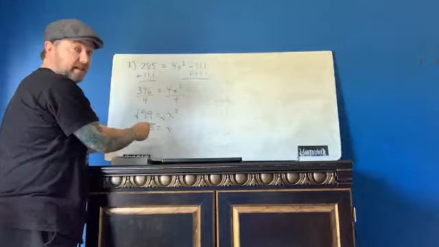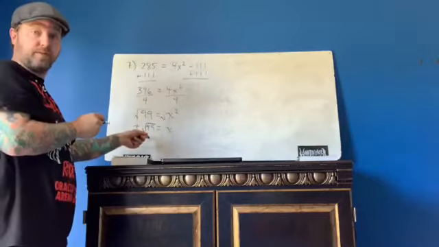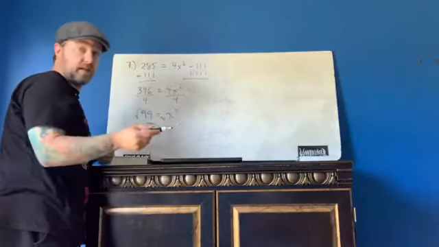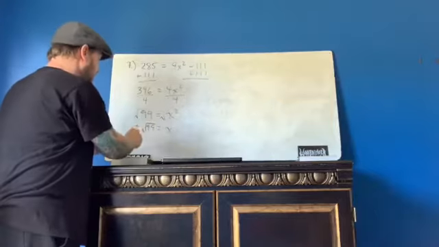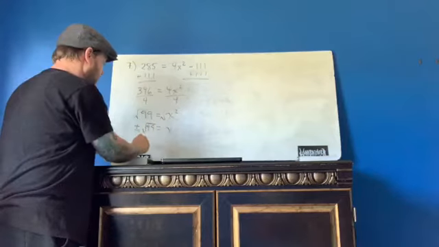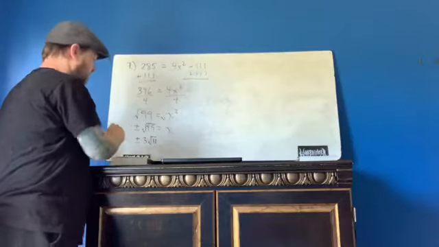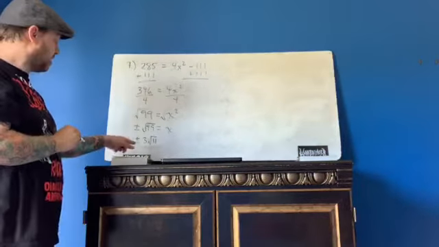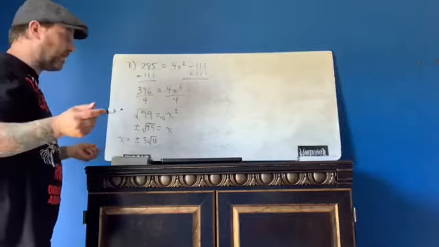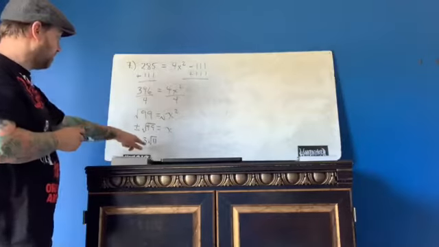Can I simplify that? There's a perfect square in there. 9's a perfect square. So the square root of 9 is 3. So we're going to have plus or minus 3, and we'd be left with 11, and that's x equals plus or minus 3 times root 11.